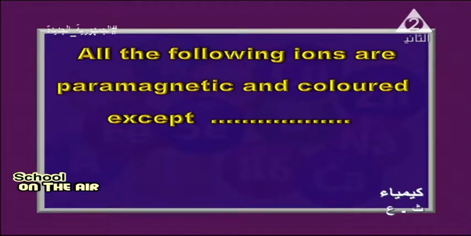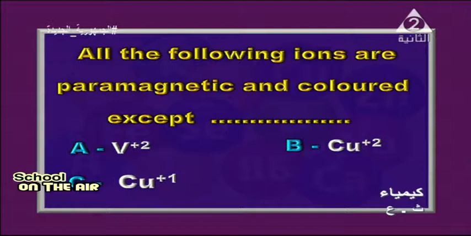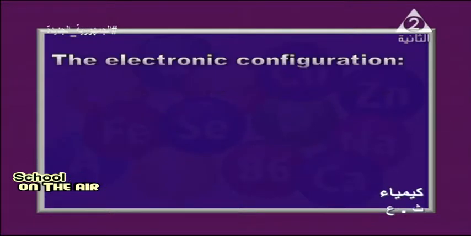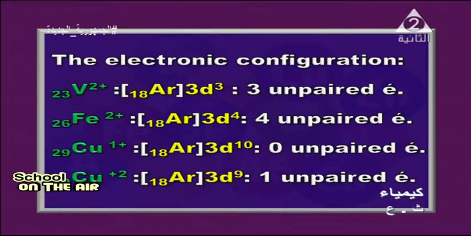Next question. All the following ions are paramagnetic and colored except what? Is it vanadium positive 2, copper positive 2, copper positive 1, iron positive 2? The answer will be copper positive 1. The electronic configuration of these ions is shown on the screen: vanadium positive 2 has 3 unpaired electrons, iron positive 2 has 4 unpaired electrons, copper positive 1 has no unpaired electrons, and copper positive 2 has 1 unpaired electron.